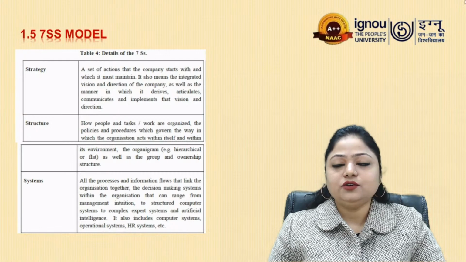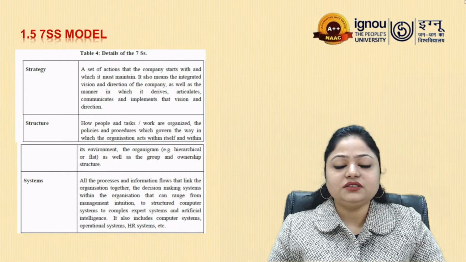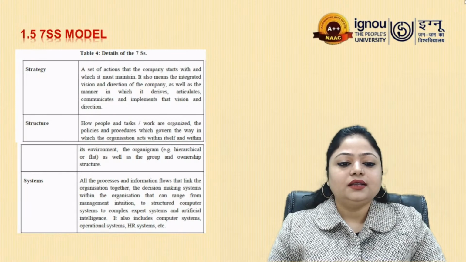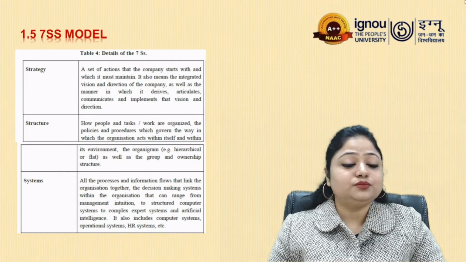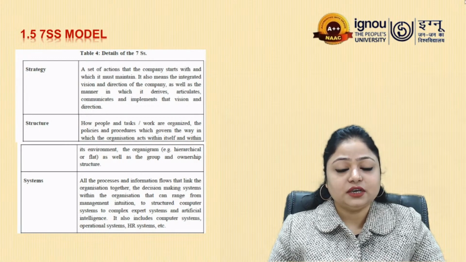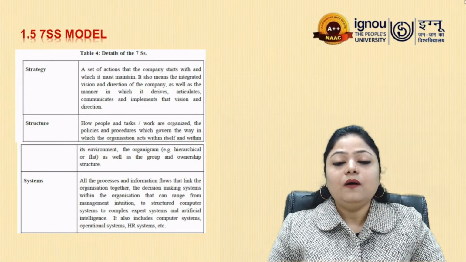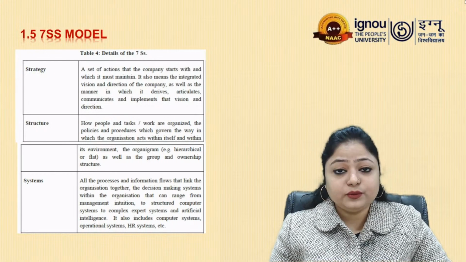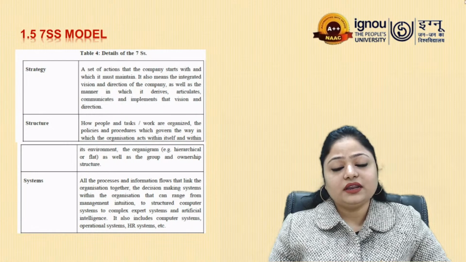Then system. As we all know, a system has a process. There is transformation. It needs input and it gives us an output. There are various elements involved in decision making, organizing, and doing the transformation work. So, all the processes and information flows that link the organization together.